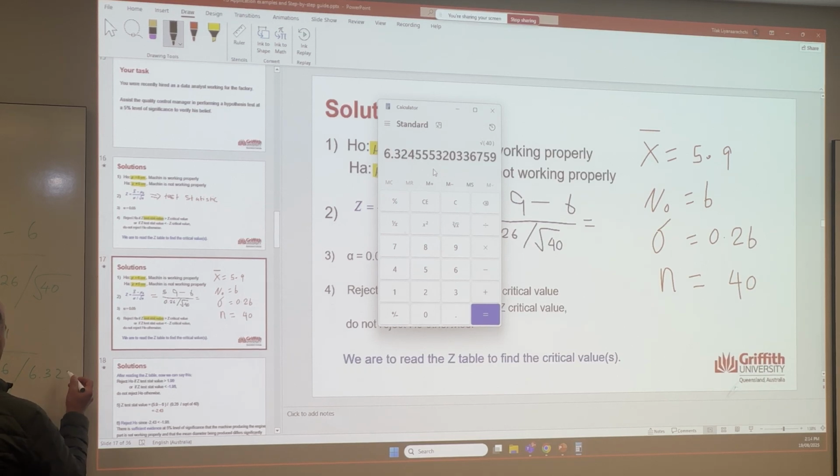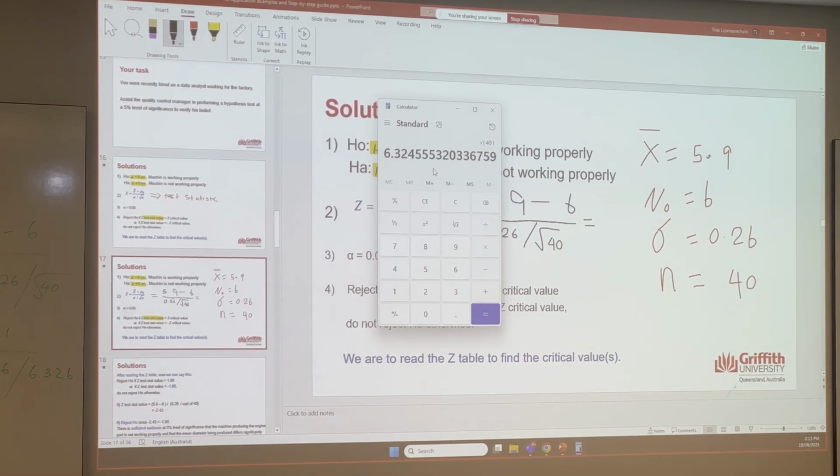Let's keep 6 decimals, because hypothesis testing can be very crucial. Sometimes even if you have 0.01 difference, you might reject the null, or if it is a little bit different, you might not reject. So we have to be careful.